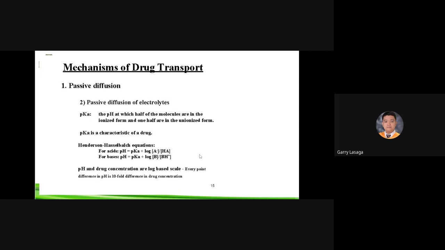Pag twofold, for example from a pH of 2 to pH of 4, magiging 100-fold ang difference. Pag threefold naman, magiging 1,000-fold ang difference of drug concentration.